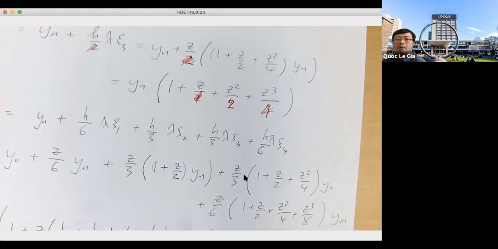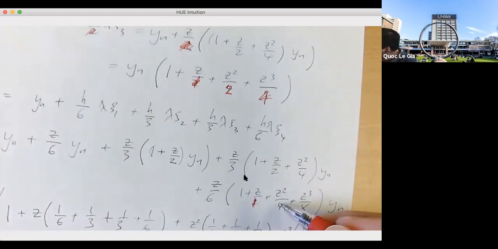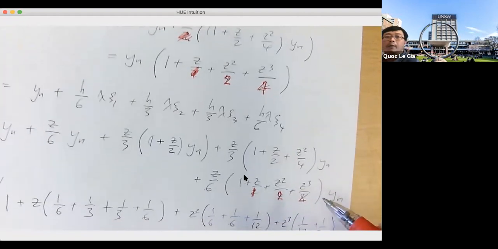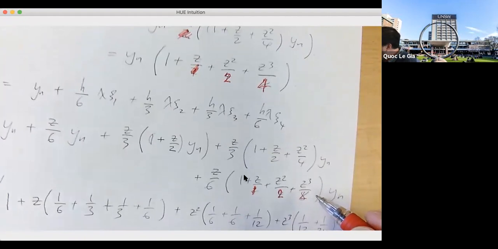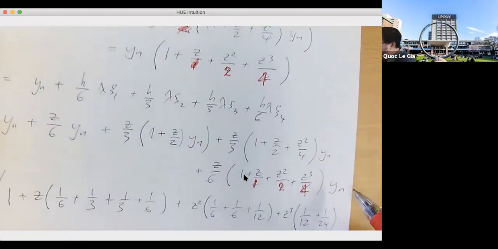So now we have to correct this. So this one is only 1, and this one is only 2. This is only 4, and this one is only 4. Okay.